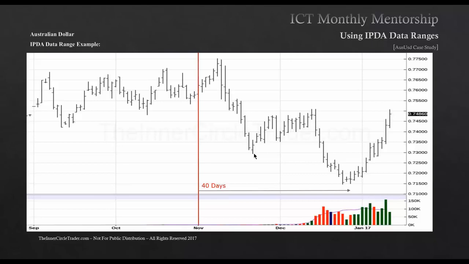Sell stops. Yes, we moved about 150 pips or so below that, but we came to a level of 7150. That's not random. 7150 is a significant level. It's a mid-figure level, and it's happening at a time when inside of 40 days, the IPDA data range is going to be looking to do something.